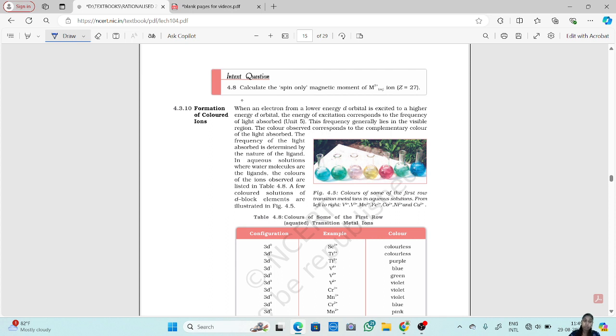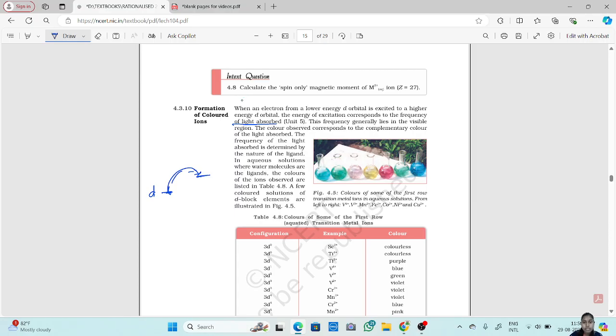So here, when there is excitation of an electron from a lower energy d orbital to a higher energy d orbital, the energy required for that electron to jump corresponds to the frequency of light absorbed.